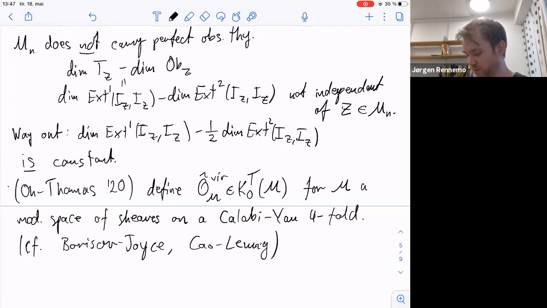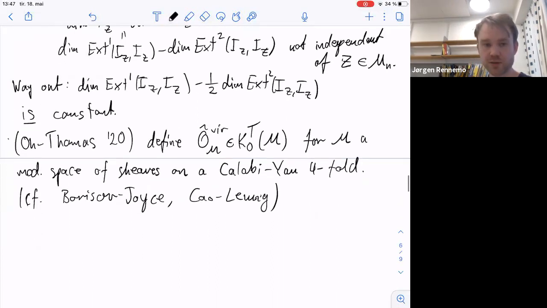So the advantage of Oh and Thomas is they do this completely within algebraic geometry. And as an upshot, working within algebraic geometry is generally technically easier than doing things in differential geometry.